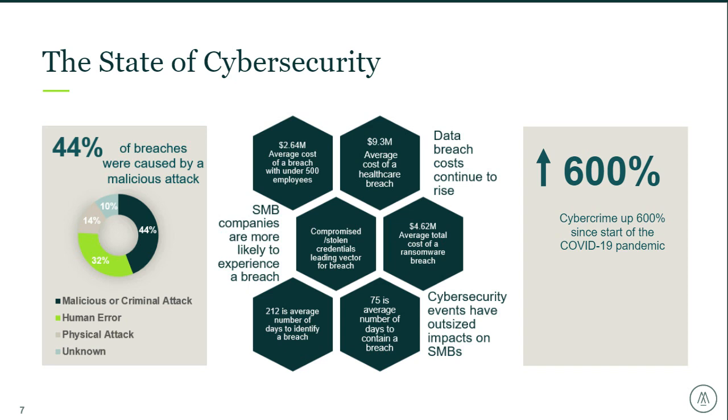The middle section here covers a number of other statistics, and these are really around the costs of a breach. Costs are going to vary by industry, but healthcare has had the highest industry costs of a breach for 11 years in a row. And they've been doing this survey for, I think, 17 years.